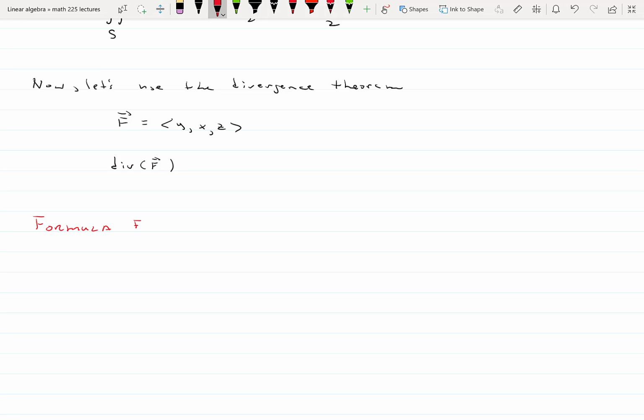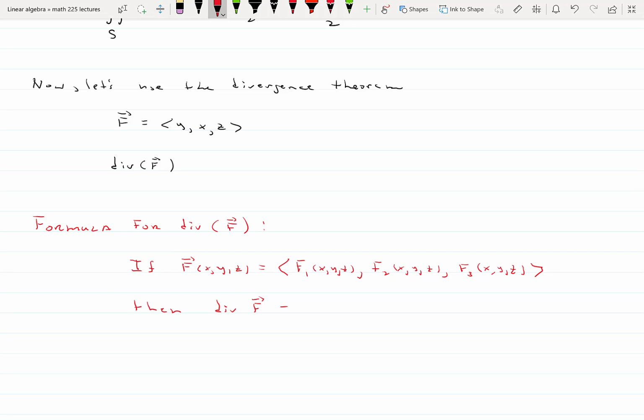Formula for the divergence of a vector field F. If F of xyz equals component-wise F1 of xyz, F2 of xyz, F3 of xyz, then the divergence of F, it's a very simple formula.